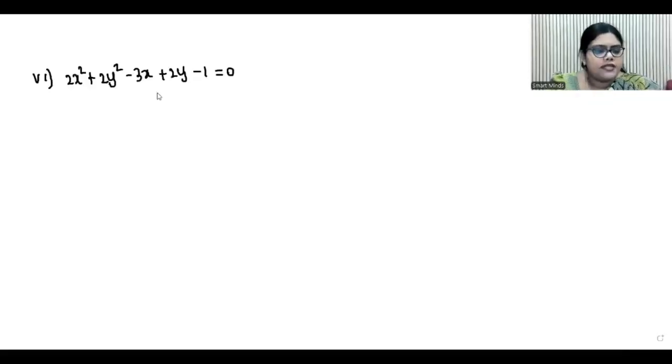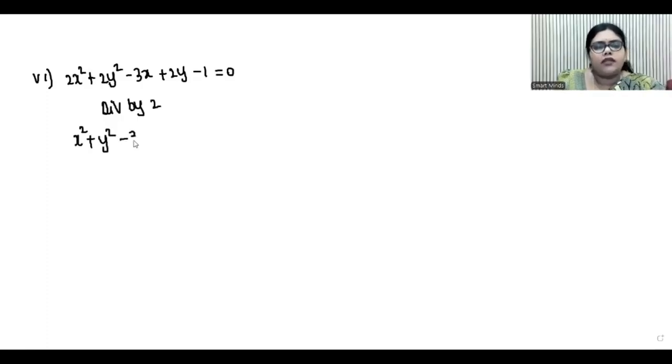Take the next question. We need to find the center and radius of this equation. 2x² + 2y² − 3x + 2y − 1 = 0. First you have to divide by 2. If you divide by 2, you will get x² + y² − (3/2)x + y − 1/2 = 0.